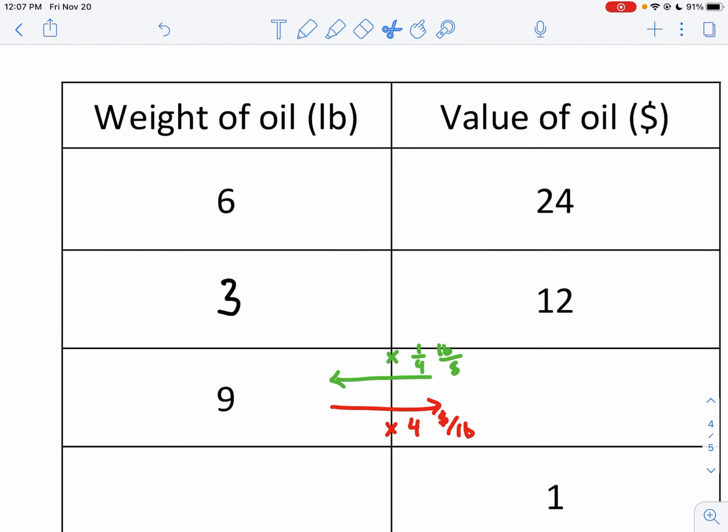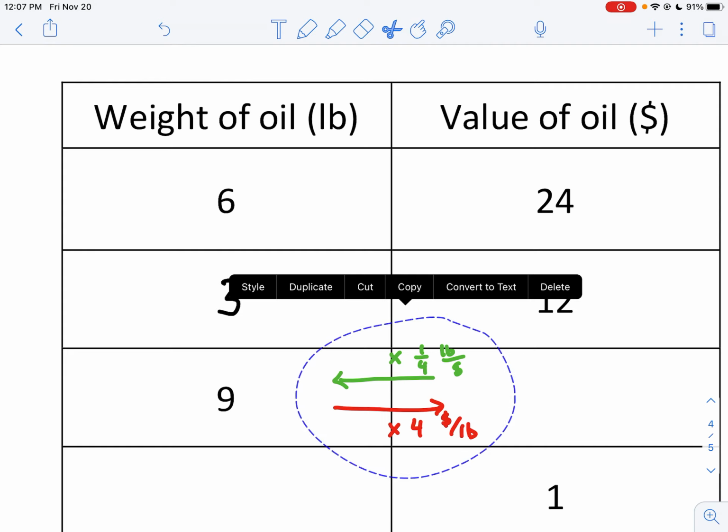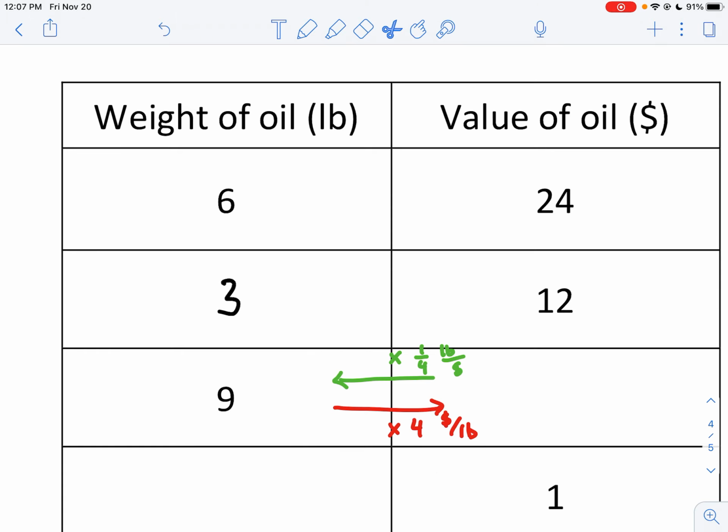So that's one way to get this. To get the next entry, I can continue this pattern because the unit rate remains constant from row to row. That's why these are proportional. It's always the same unit rates. The ratios do not change. But to go from 9 and figure out what we need to put right here, we use this unit rate, right? We do 9 times 4.